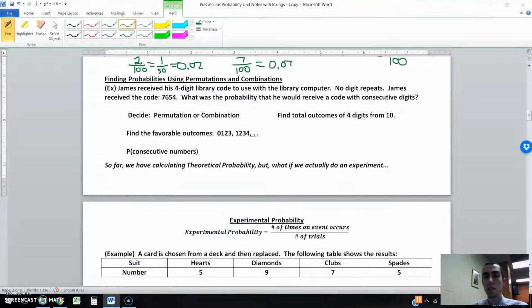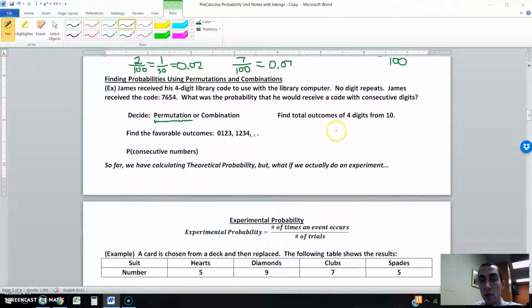So, we need to decide first off, is this situation a permutation or combination? Now, since order matters, this must be a permutation. Then, the next step that we would do is we need to find the total number of outcomes of 4-digit codes out of these 10 digits.